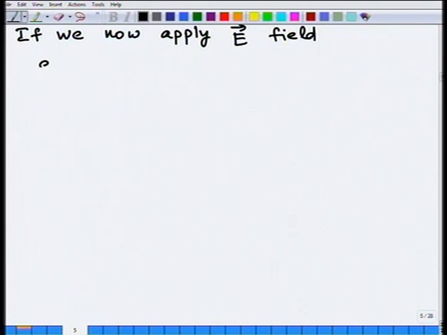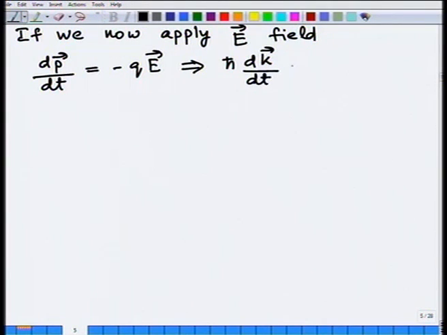We know that dP, this rate of change of momentum, now should be equal to minus q times E, the electric field, which has a minus sign because of the electron, and q is the absolute charge, a positive number, 1.6 into 10 to the power minus 19. So, that is that number. Anyway, this is the rate of change of momentum, which implies I can write this as h bar dk/dt equal to minus q times this electric field E.